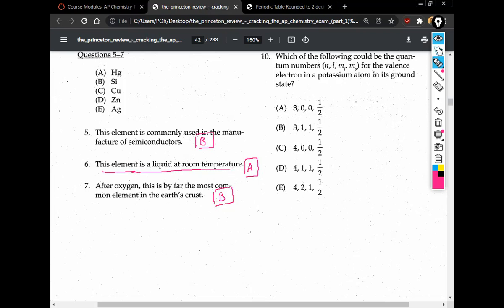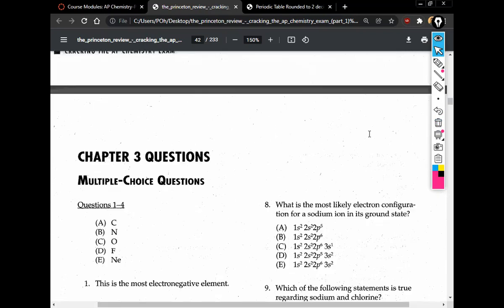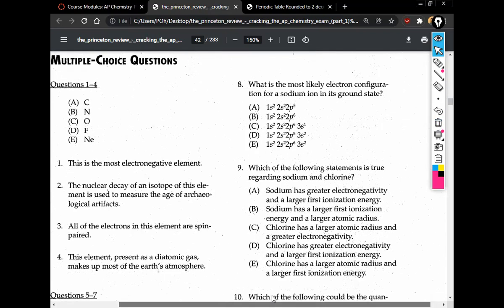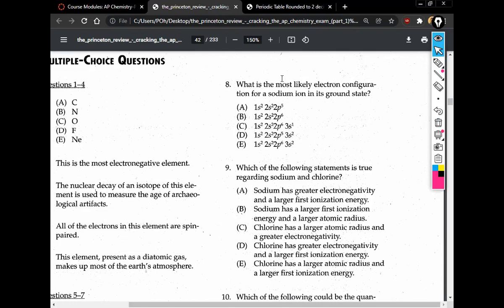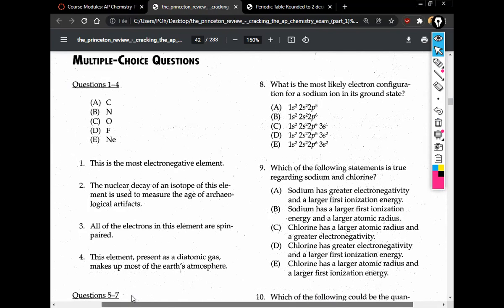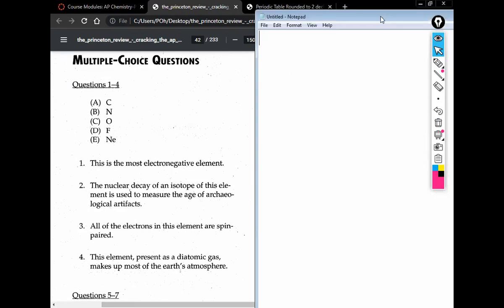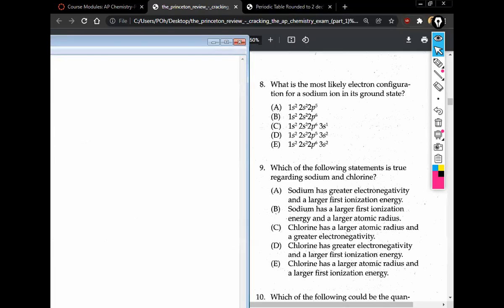Now let's do some actual chem questions. Number 8. What is the most likely ground state electron configuration for a sodium ion? Go ahead and try it. Make sure you're careful of the terms.